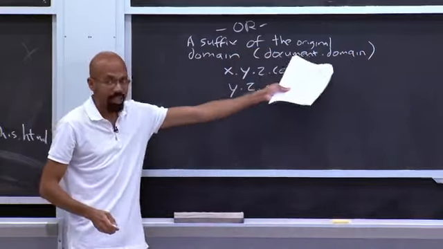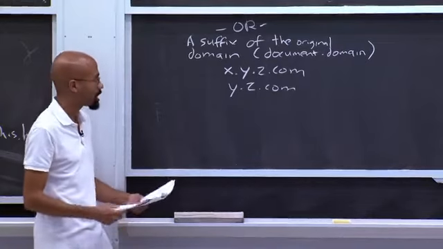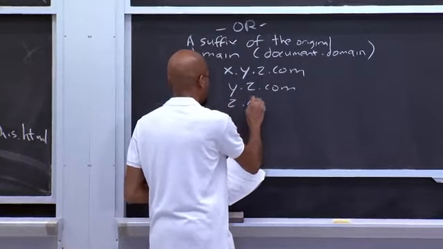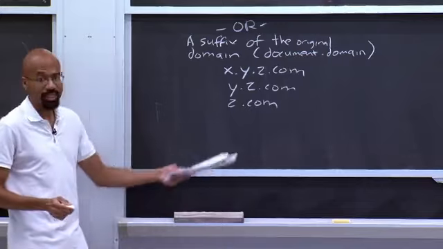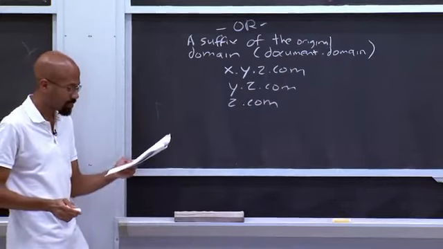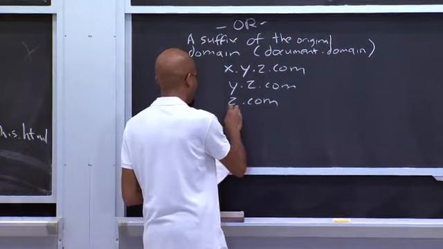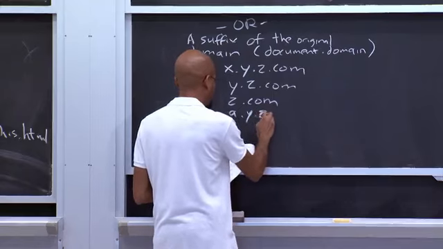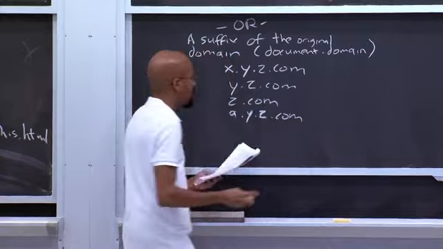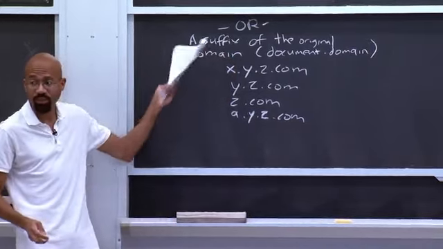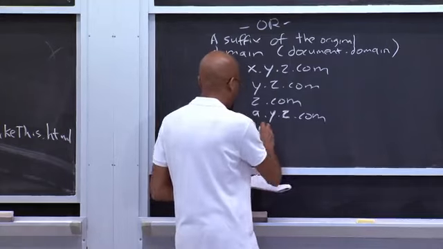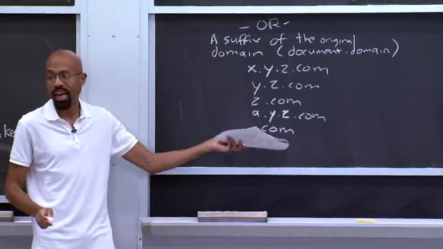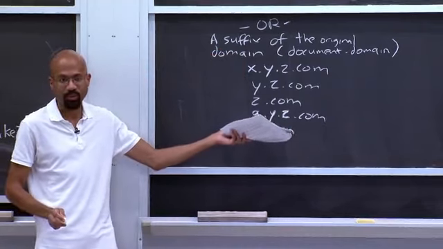So it can set document.domain explicitly to this right here, and that's allowable because this is a suffix of that. Similarly, it could also set document.domain to z.com and effectively reset its origin like that. Now, what it cannot do is set document.domain to a.y.z.com. That's disallowed because this is not a proper suffix of the original origin. And also, it cannot set its suffix to .com. So does anyone have any theories about why this is a bad idea?